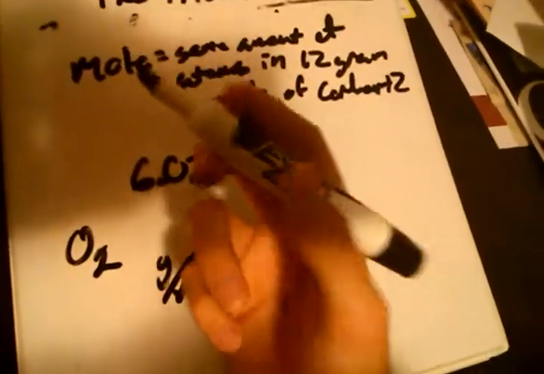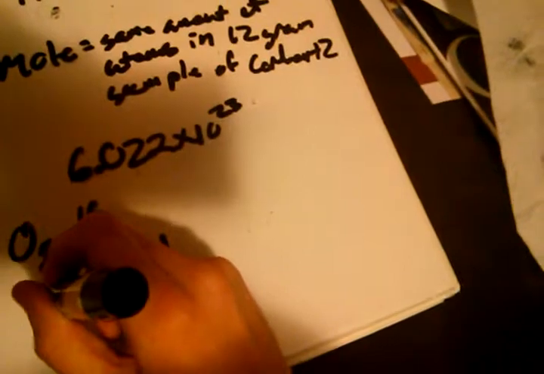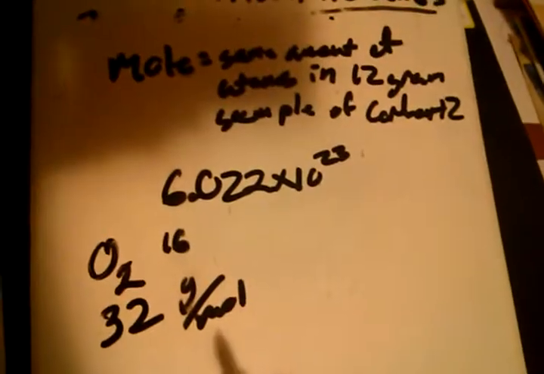Its molar mass is 16, but since it's diatomic, there obviously has to be 2 of them, so it's 32. So there's 32 grams per mole of oxygen. So in every mole, there's 32 grams. And that's basically what molar mass is.